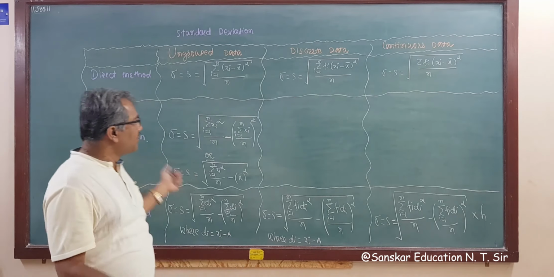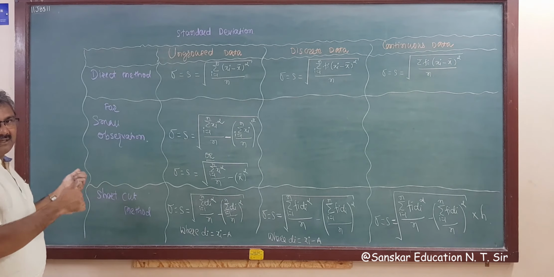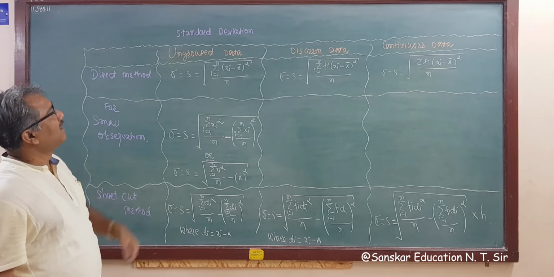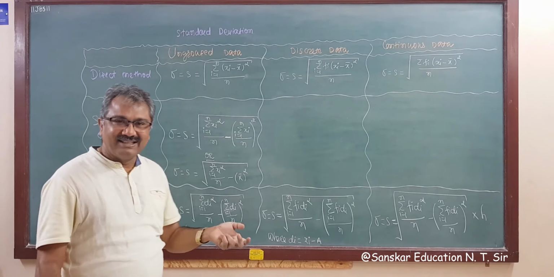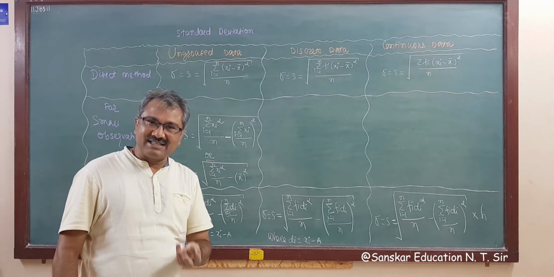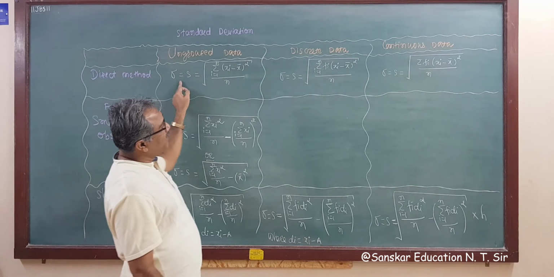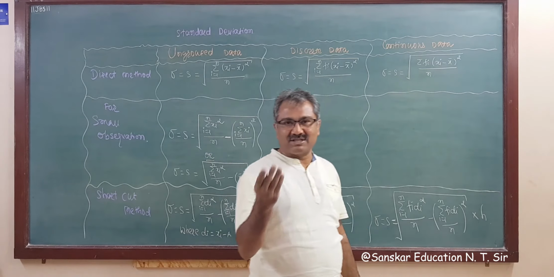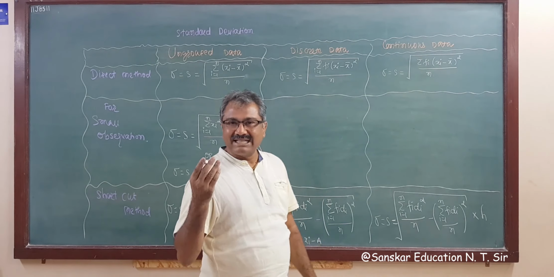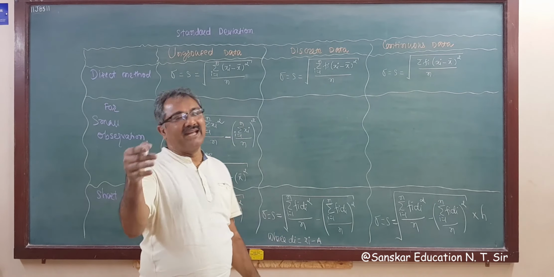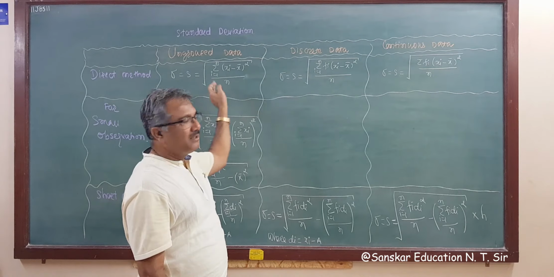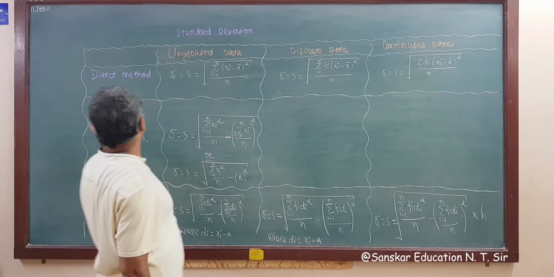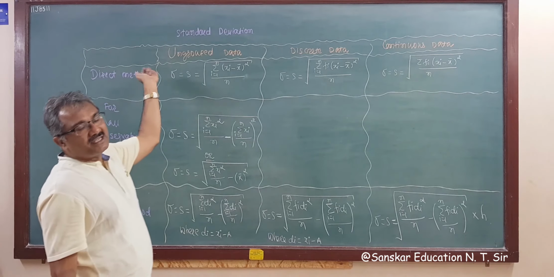So this is standard deviation, and from the next lecture onwards we are solving three types of examples again: for ungrouped data, discrete data and continuous data. We learned six types so far, now types 7, 8 and 9 for finding variance or standard deviation.